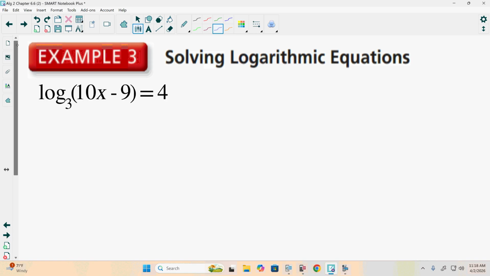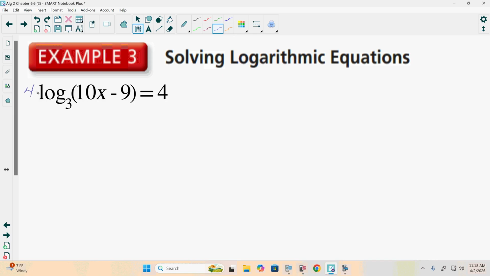Even though we have that 10x minus 9 here, because it's inside the logarithm, it's still connected as a term. Log base 3 of 10x minus 9 is one whole term. It wouldn't be one whole term if we had plus 7 outside that parenthesis, something being added to it.